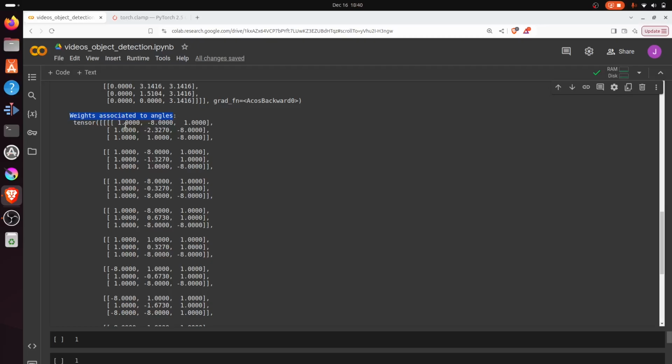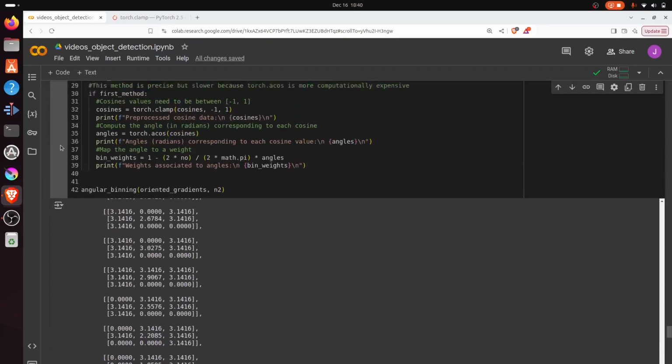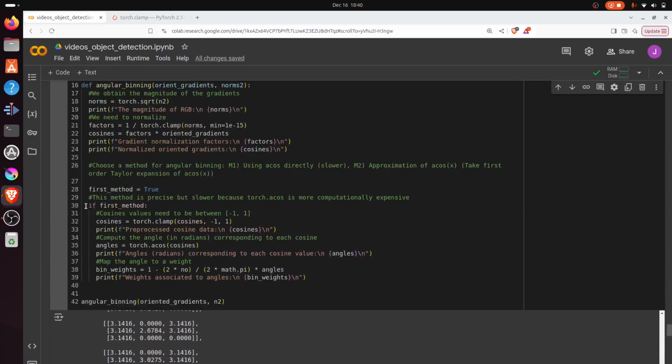The closest they are to a given reference orientation, the higher they're going to be. You'll see that we still need to do some work on these weights. But for now, that is the first block. That is the way of obtaining the bin weights, essentially using the direct formula for arc cosine.